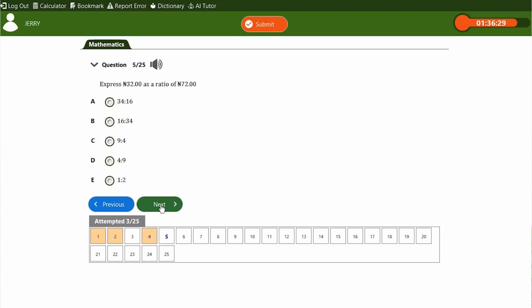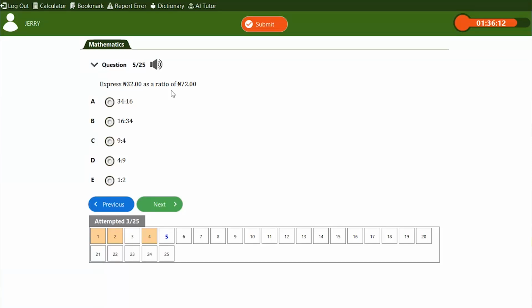Okay, let's get some other question. I think you will also see this kind of questions in your ratio questions. They say we should express 32 as a ratio of 72.